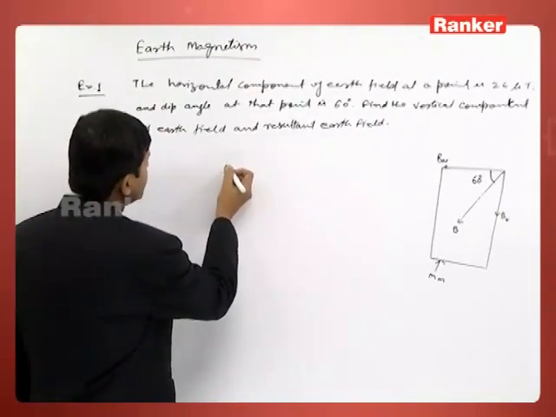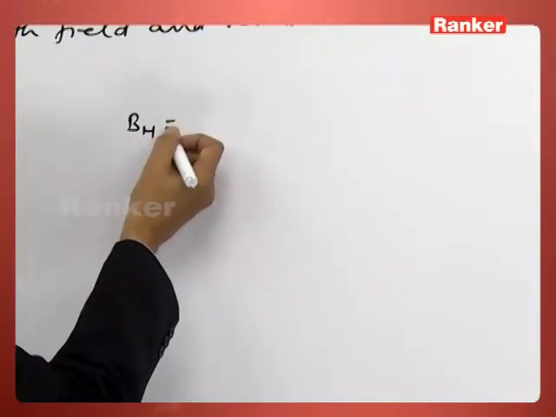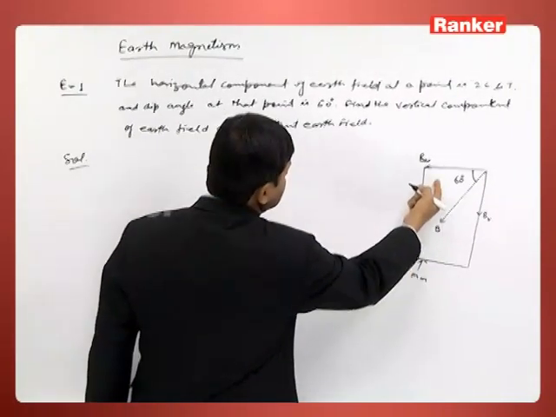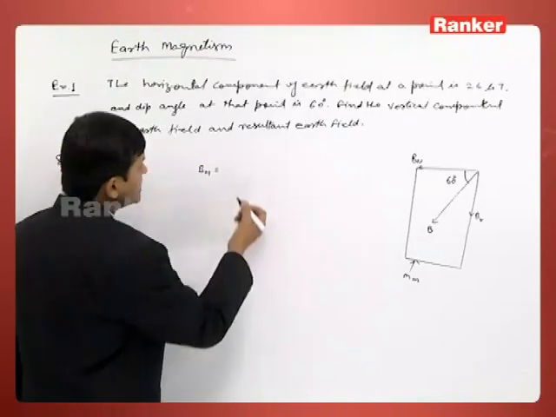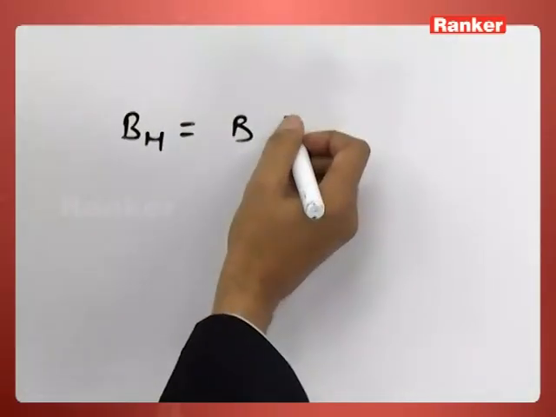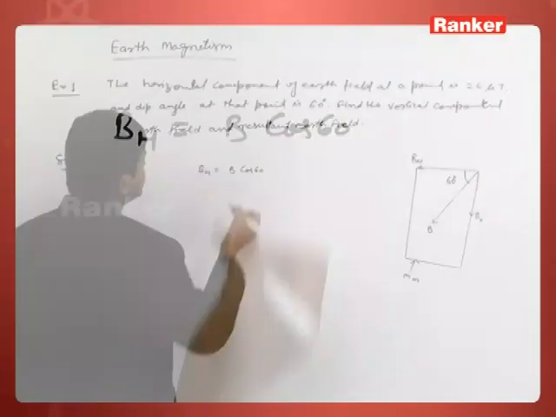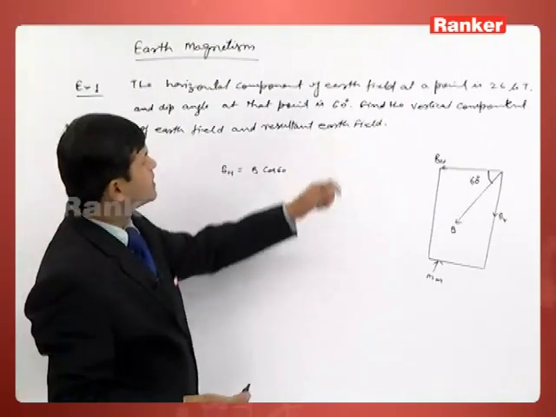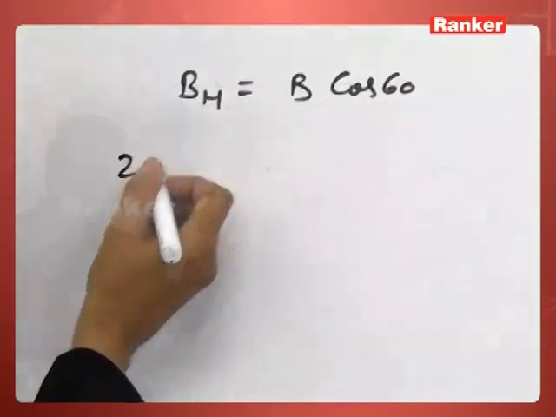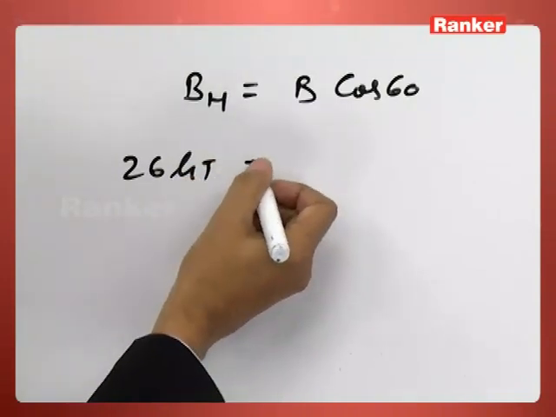So according to this, the component BH is B cos 60, and BH value given here is 26 microtesla.